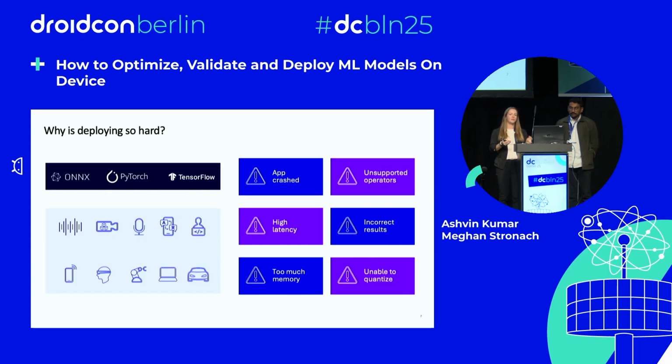It might not be optimized for the device specifically. So maybe the model doesn't even run. Maybe it hits an op that isn't supported. There could be the model running and then not providing the bounding box or the classification that you want it to. There's just a lot of different problems that could occur.